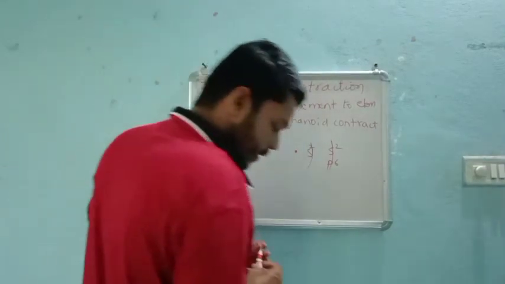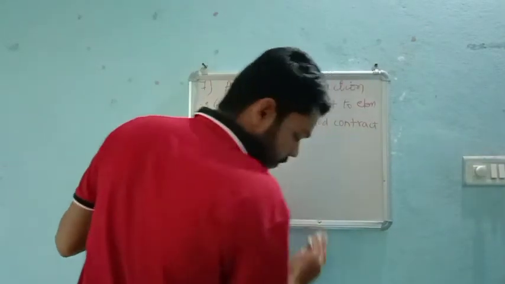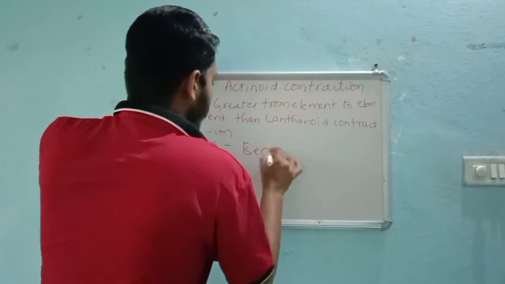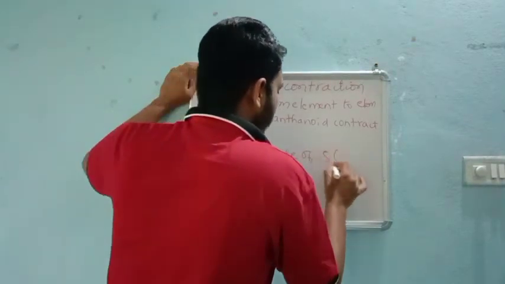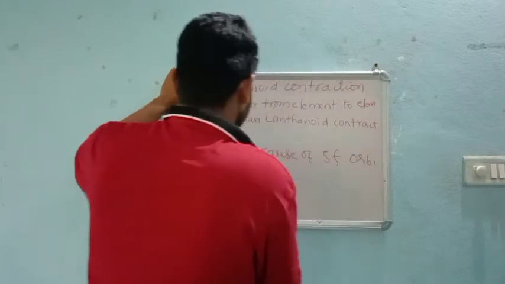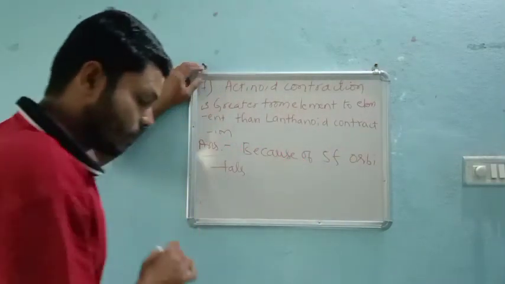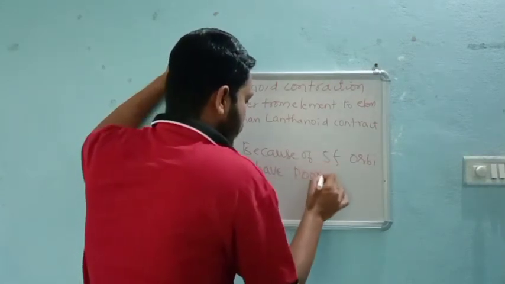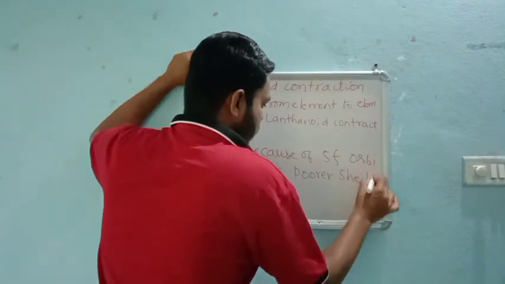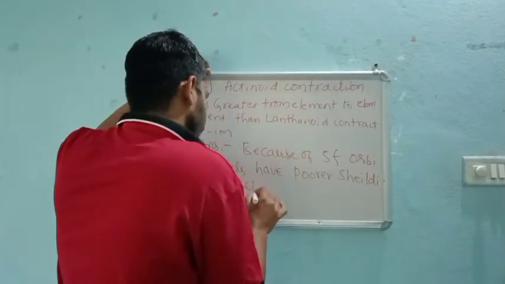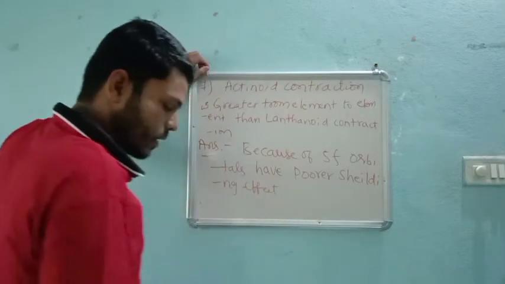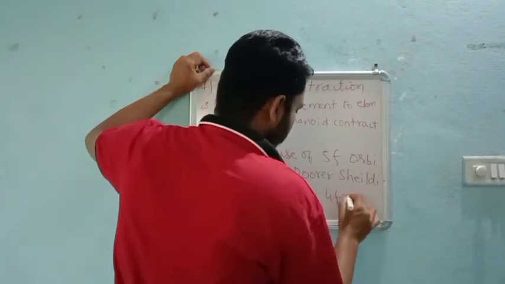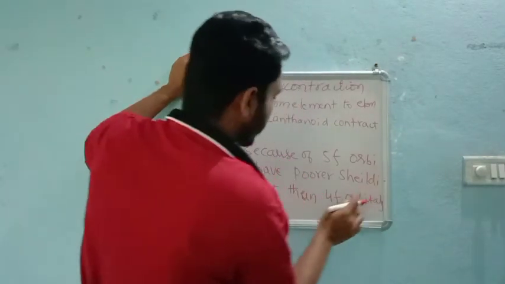So your answer will be like this, right? Because of 5f orbitals, answer: because 5f orbitals have poorer shielding effect than 4f orbitals, right? 4f orbital belongs to what?